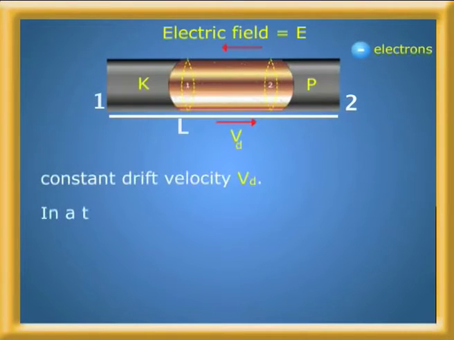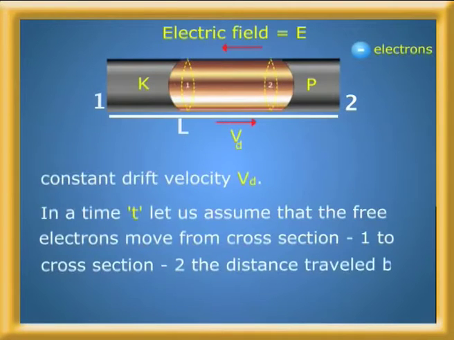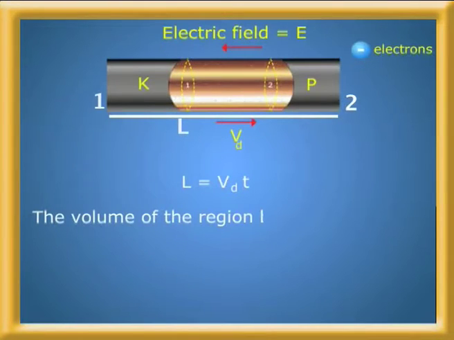In a time t, let us assume that the free electrons move from cross section 1 to cross section 2. The distance travelled by the electrons will be L equals Vd times t. The volume of the region between 1 and 2 is V equals Vd times t multiplied by A.